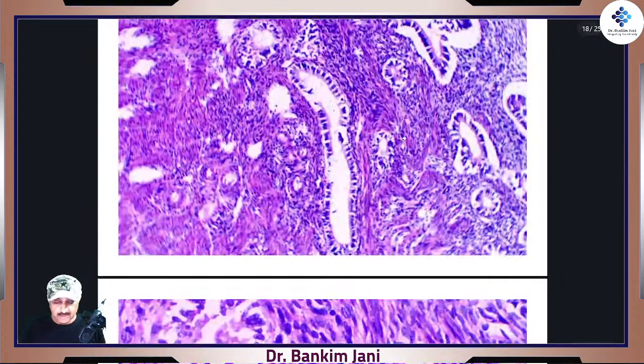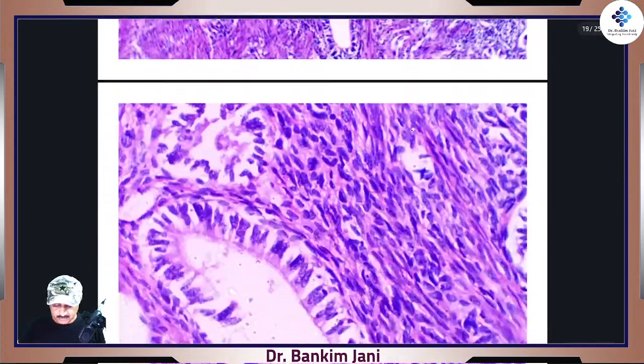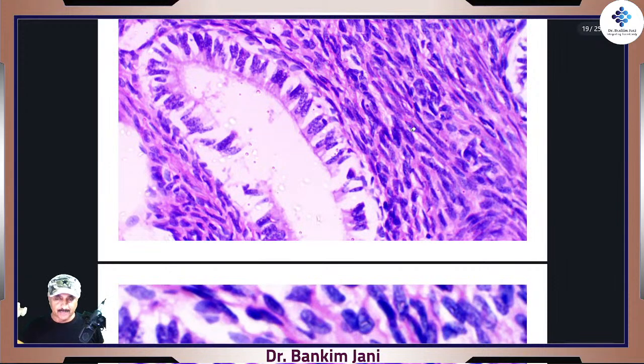The reason is that in uterus, due to the typical phase of the cycle, it keeps on shedding its endometrium, its lining. When this lining is shed off during menstruation, it depends at what stage this uterus was sectioned.